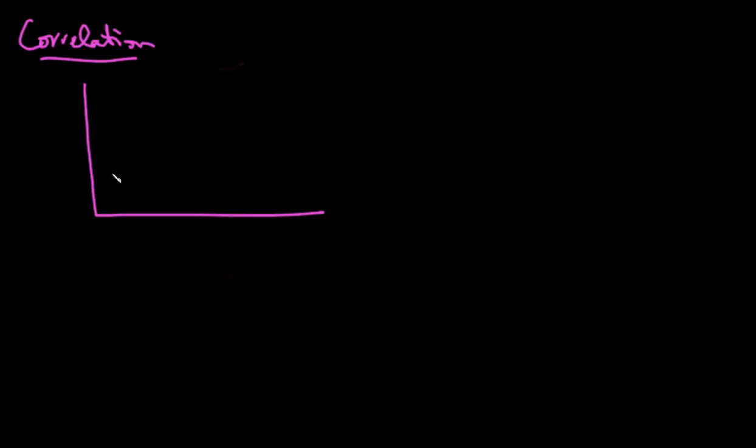Okay, so correlation and causation. So correlation basically just is indicating trends and patterns. And so if we were to have a graph and we saw the data points follow in this line, you might think that as the x-axis increases, the y-axis increases too.